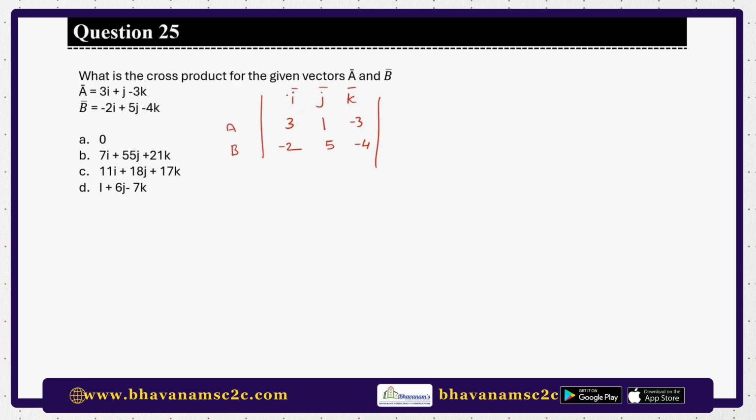Now, first go for the i. When you choose i, you have to multiply these two. So you do 1 into -4, minus -3 into 5.